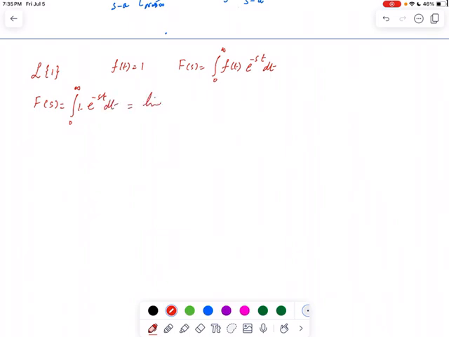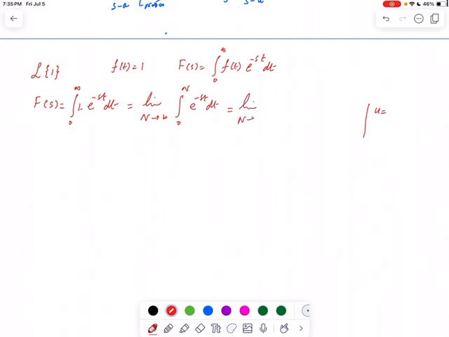So I change it to the limit as n goes to infinity of the integral from 0 to n of e to the minus st dt. If you can do the integration directly, do it directly, but if you want to use u substitution, you can do that.